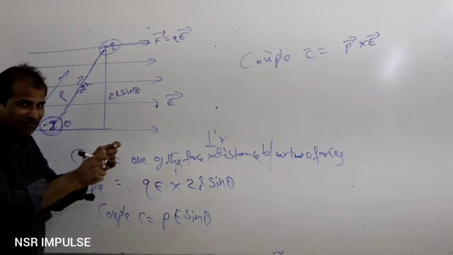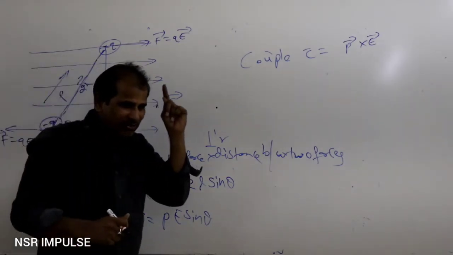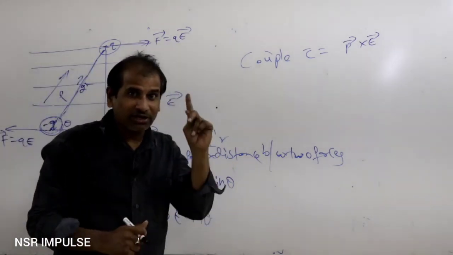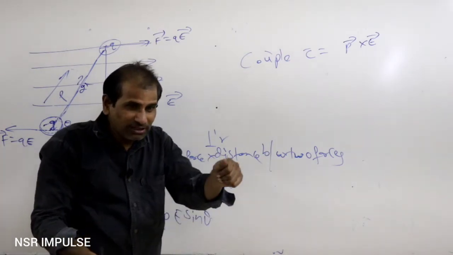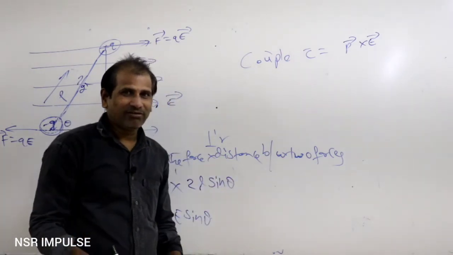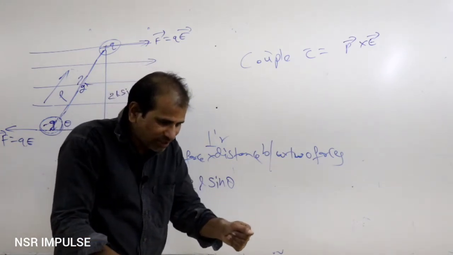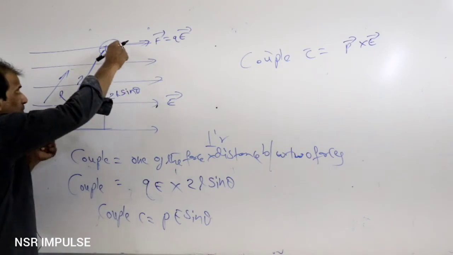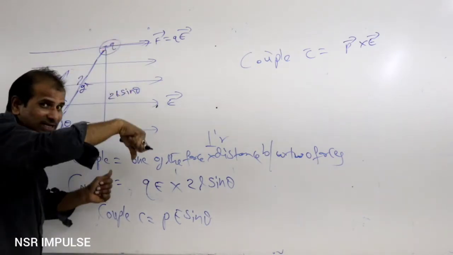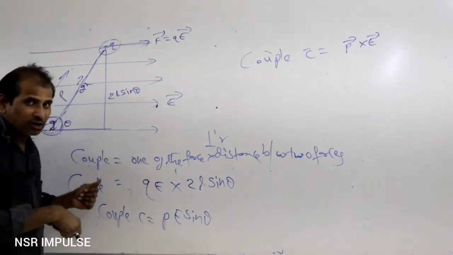Torque means rotational effect. We defined the torque in which chapter in first year? Rotatory motion. Torque means turning effect. Whenever torque acts, that particular body gets rotated, or turns. In the same manner, this dipole is now experiencing a torque or couple.